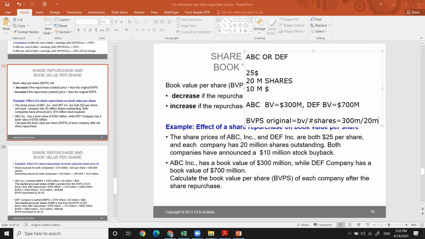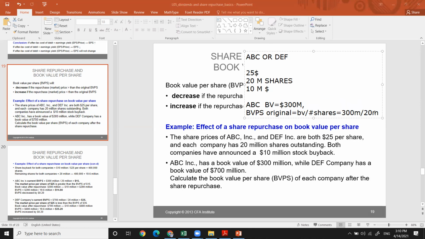This is for ABC. And for DEF, book value per share will be equal to 700 million divided by 20 million.